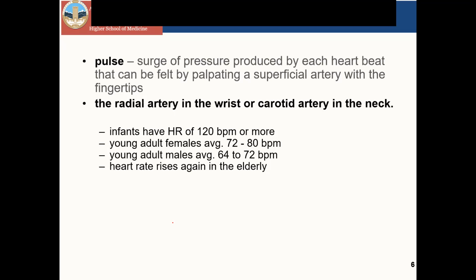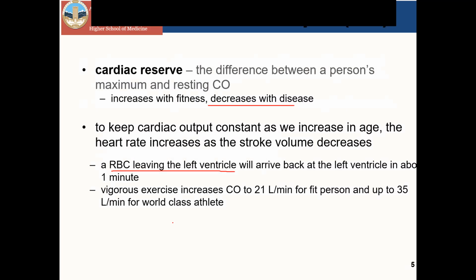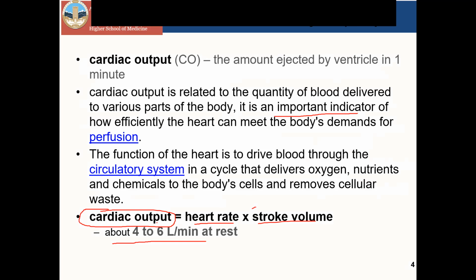And here, infants have a heart rate of 120 beats per minute or more. It's higher than in adults. Why? Because their hearts are very small. That's why they need more heartbeats. For example, if we go back to cardiac output, it's heart rate and stroke volume.